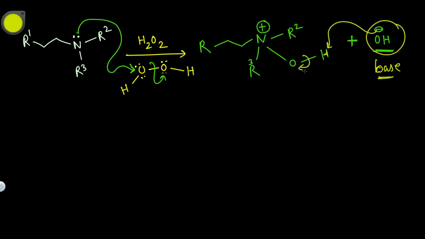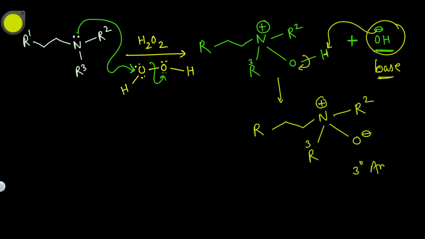Then you will get something like this: R1 on N, R2 here, this is our R3, and this is our O minus, with a positive charge on nitrogen. This is called a 3-degree amine oxide.